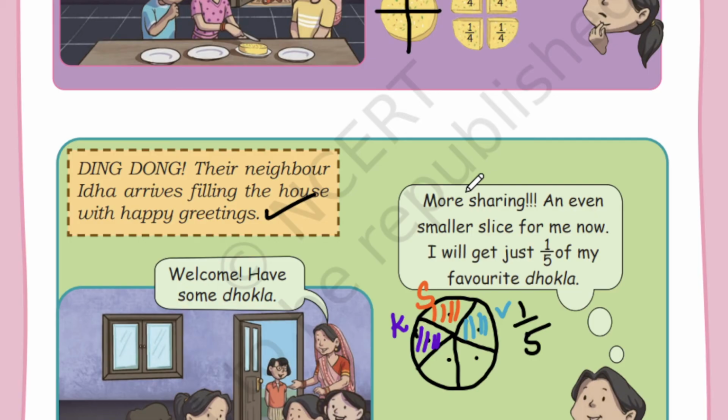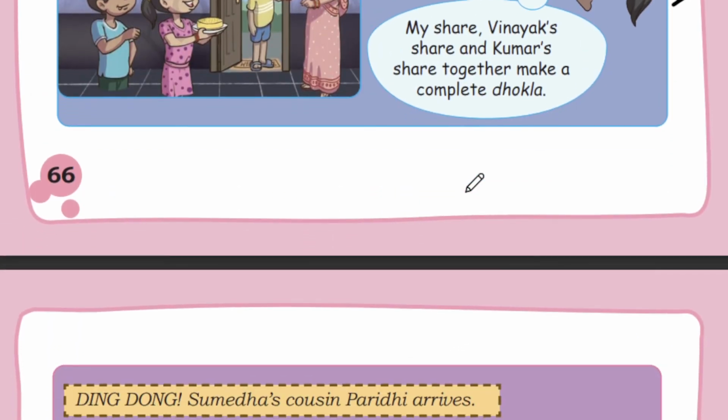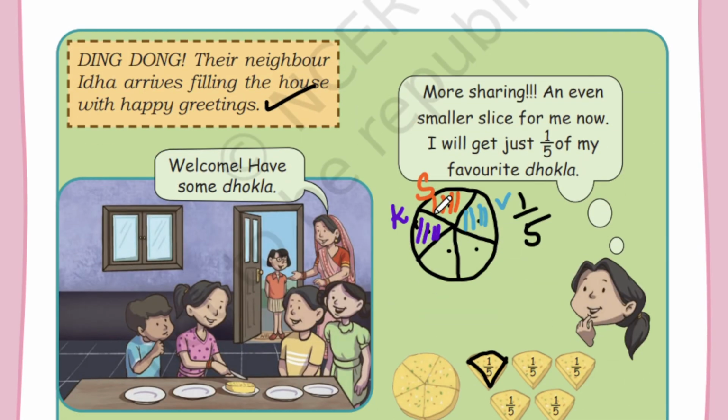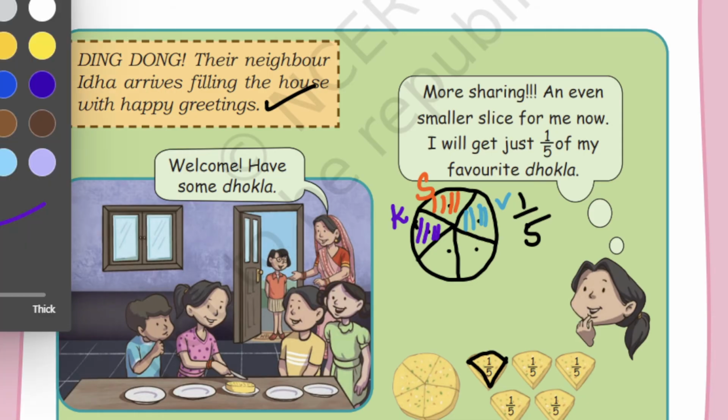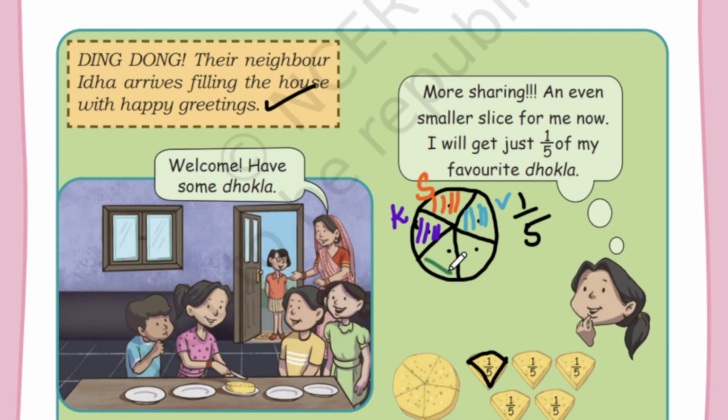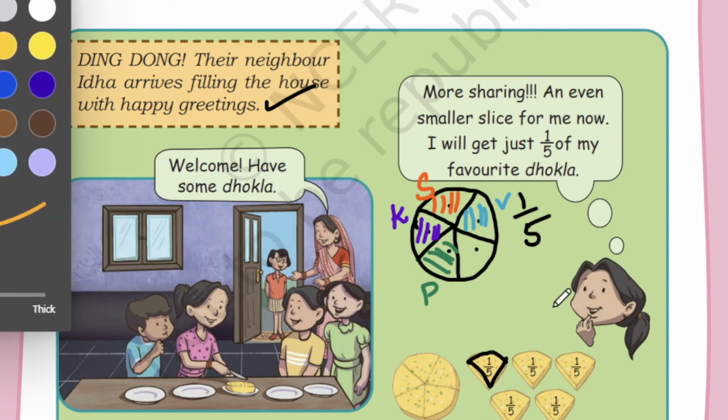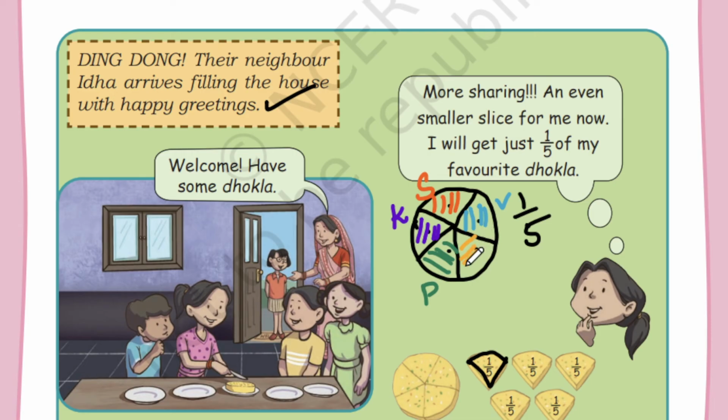Kumar joined, and next Pradi. So Pradi joined, and finally Ida also joined. Cool. Equal portion of 1 by 5 to each of them.